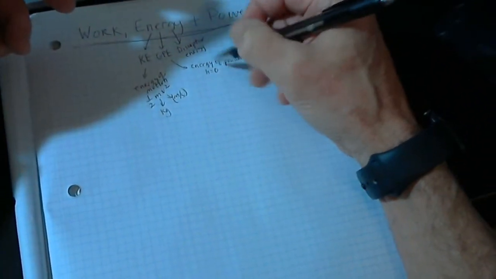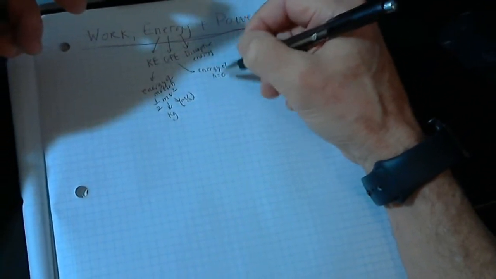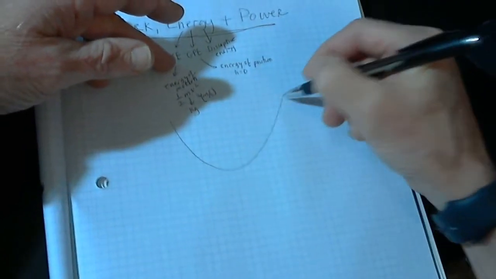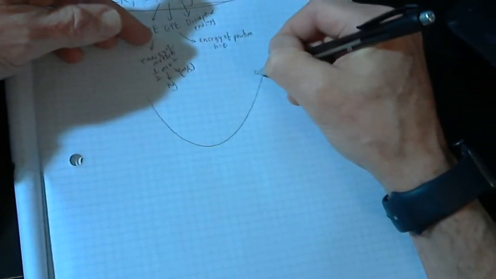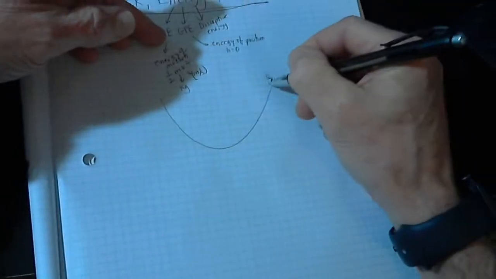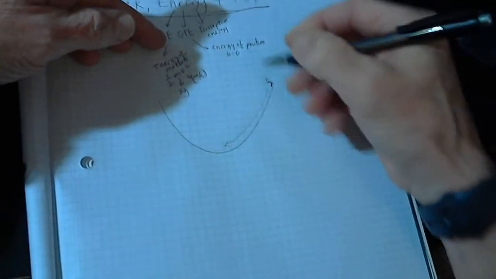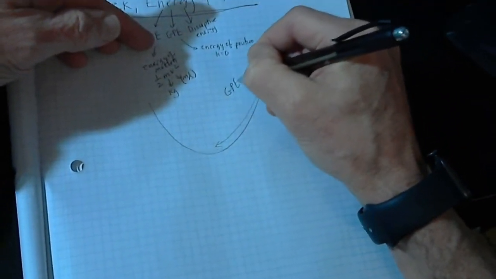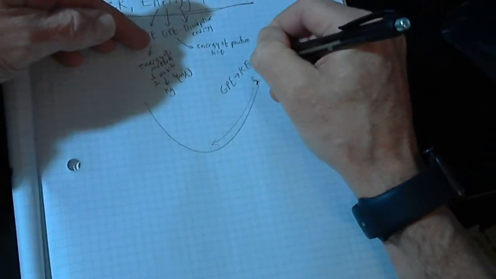The idea is that with GPE, as we saw with that skateboard, we had the skateboard person, and there's my skateboard. As the person goes down, this GPE is converted into kinetic energy.